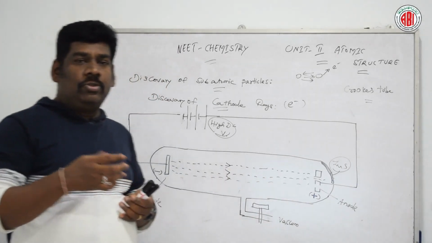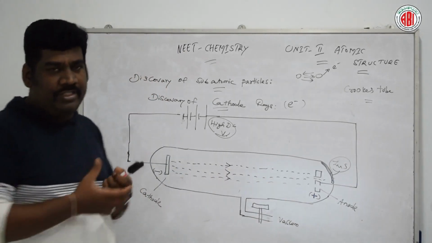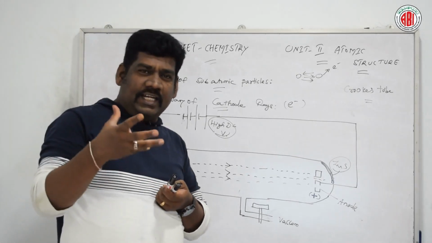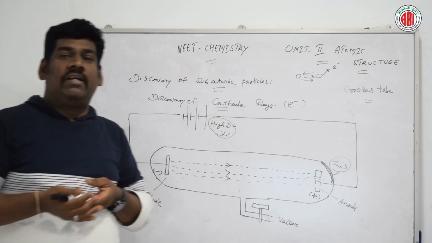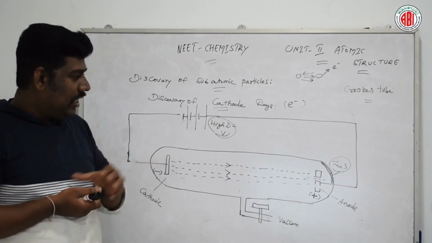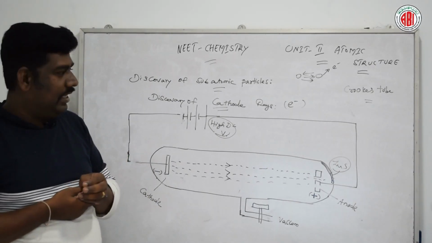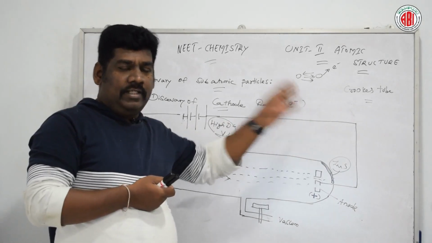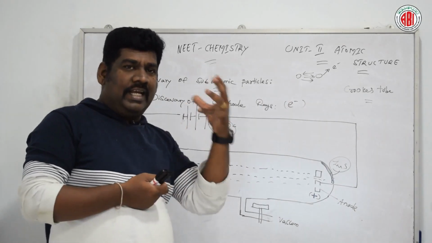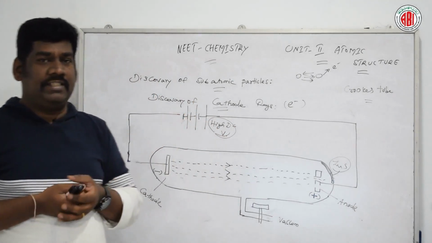These characteristic features helped us to know about the subatomic particle electron. Now let us see what the characteristic features of these cathode rays are.